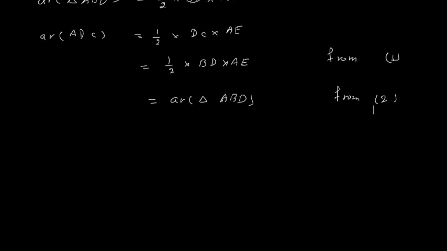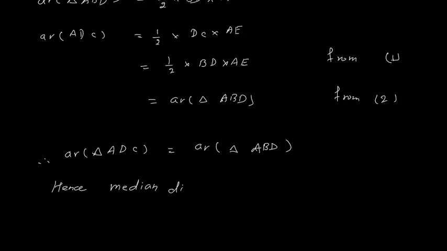Therefore I can say that area of triangle ADC is equal to area of triangle ABD. Hence, a median divides a triangle into two equal areas.